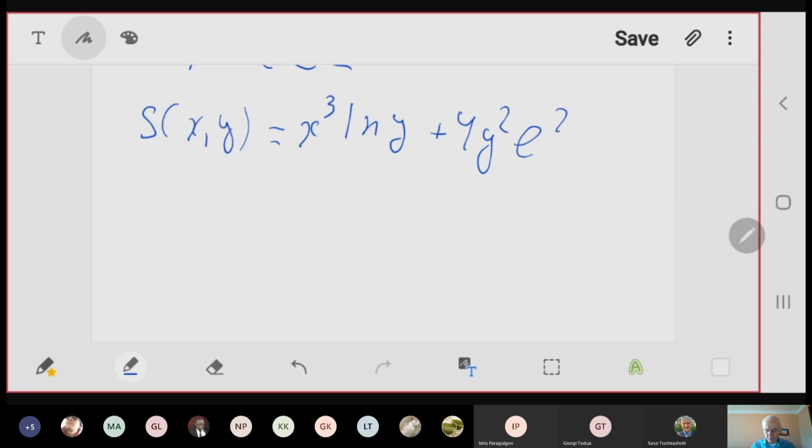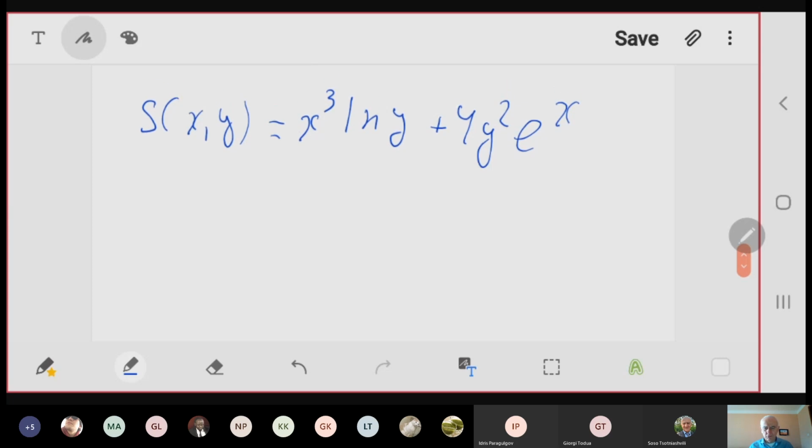Okay, so we have a function s(x, y) = x cube ln y plus 4 times y square e to power x. Okay, please be very careful.